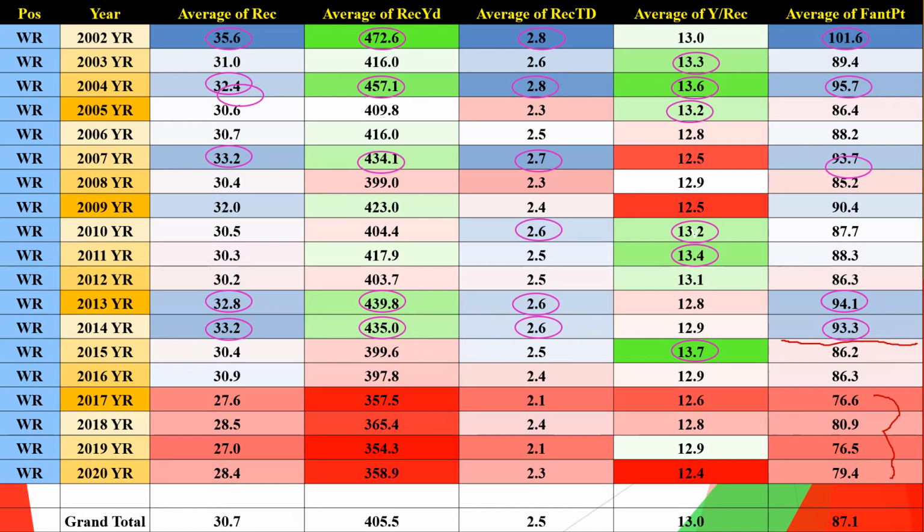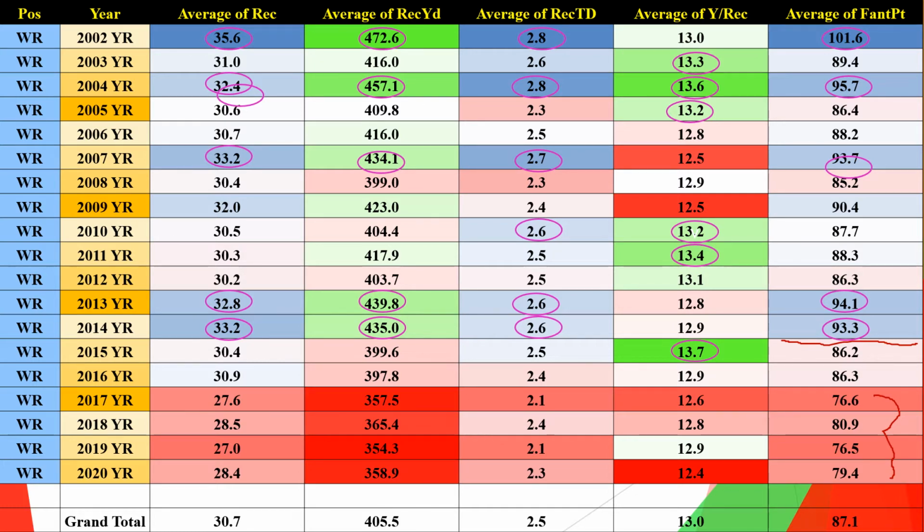If you look across all the metrics, it's very clear. 17, 18, 19, and 20 doesn't look good for all the metrics across the board. It has not been a strong time for average wide receivers. It's hard to say. I gave you a guess about more wide receivers.